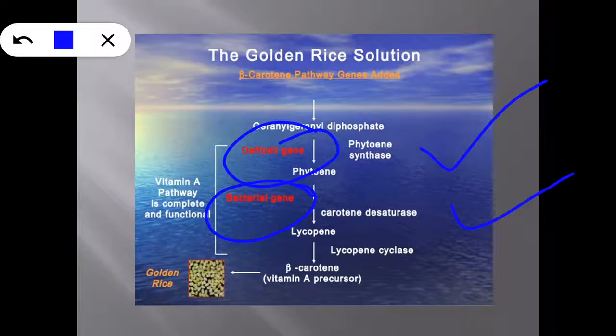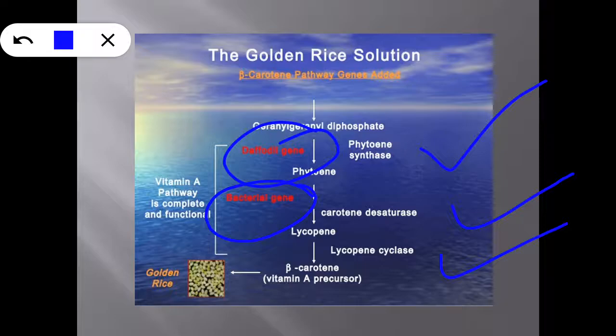Whereas some of the other authors say that even a third gene, lycopene cyclase, was also introduced into the plant so that it is able to produce beta carotene.